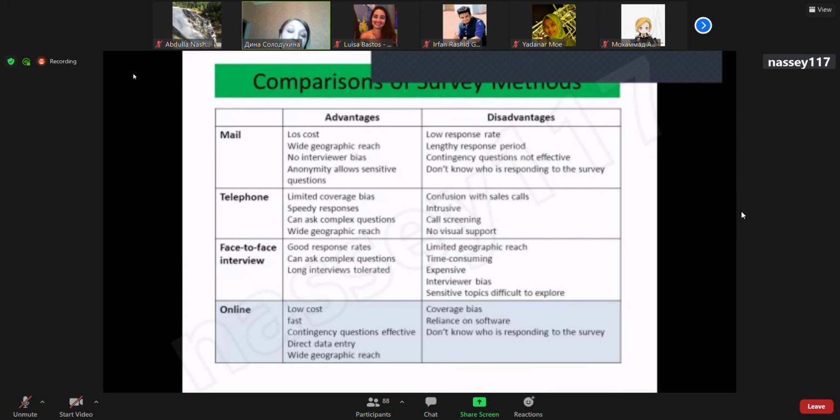And sometimes we have a problem in finding the subjects who represent a target group. For example, you want to ask something of intravenous drug users, but it's difficult to meet an intravenous drug user if you don't go intentionally to the place where you know they have this practice.